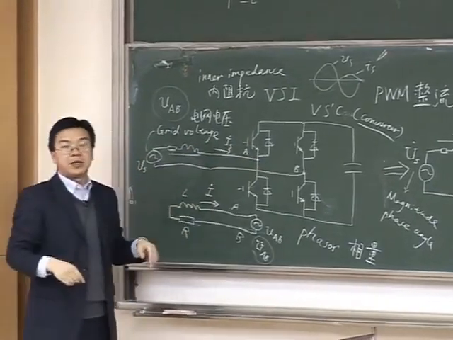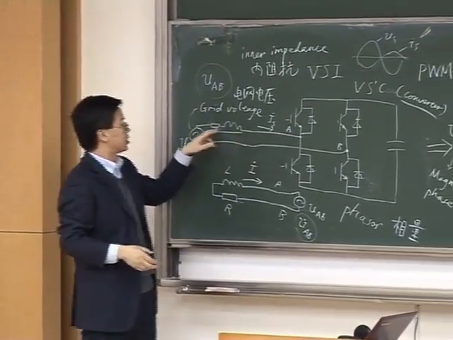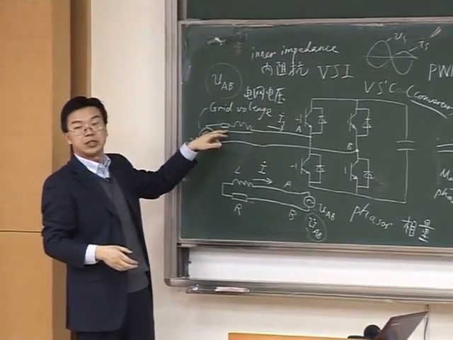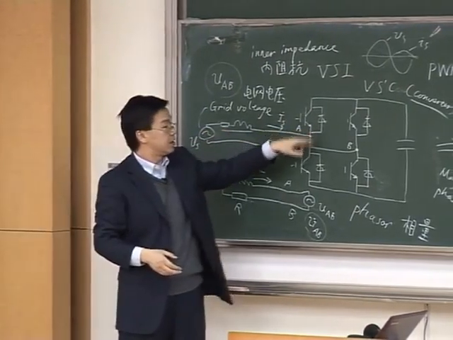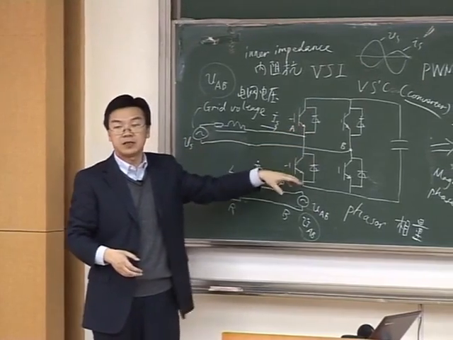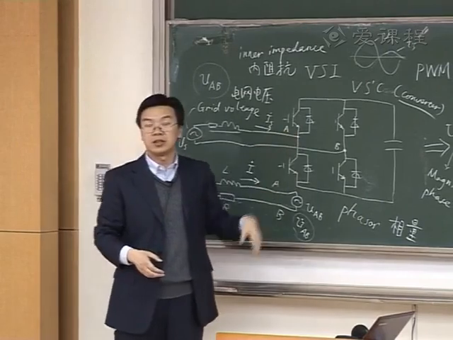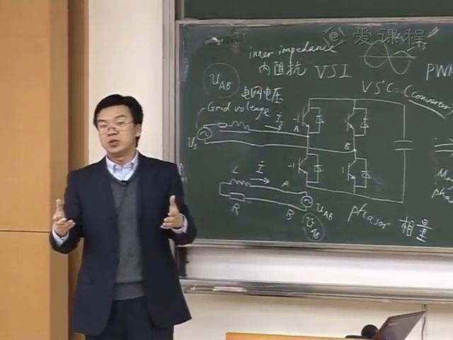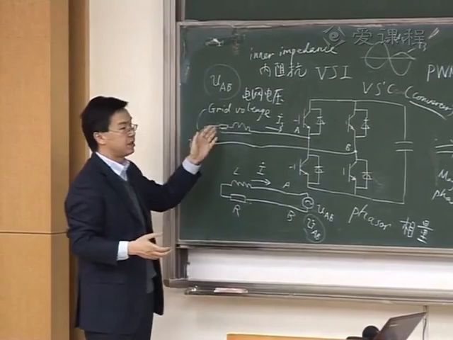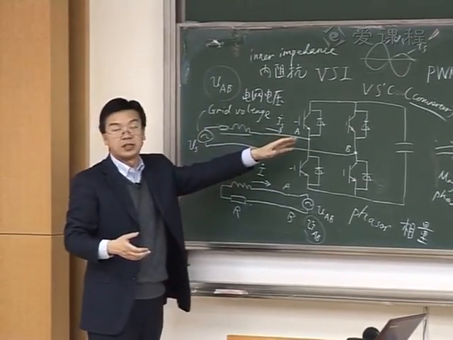But in the real case, there's always energy loss. For example, here you have a resistor. And there will be energy loss on the power semiconductor devices. This will have some energy loss. Therefore, that means you do need to transfer some energy to the right-hand side.